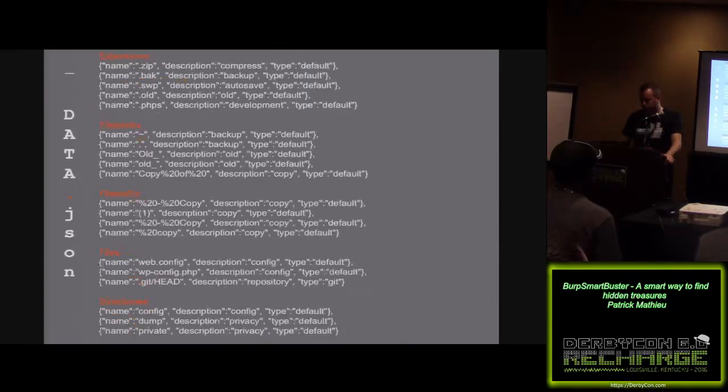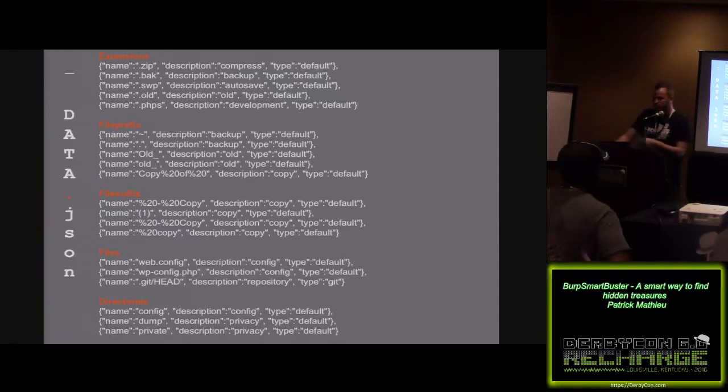So this is explained. This is what the data file looks like. So inside the extension section, you can see .zip, .bak, .swp, all PHPS. You got a small description. The file prefix. So what's interesting in prefix, I look at everything Linux, Windows 7 and 10, and look for copy of. And when you do a copy paste of a file in the same directory, what is happening.